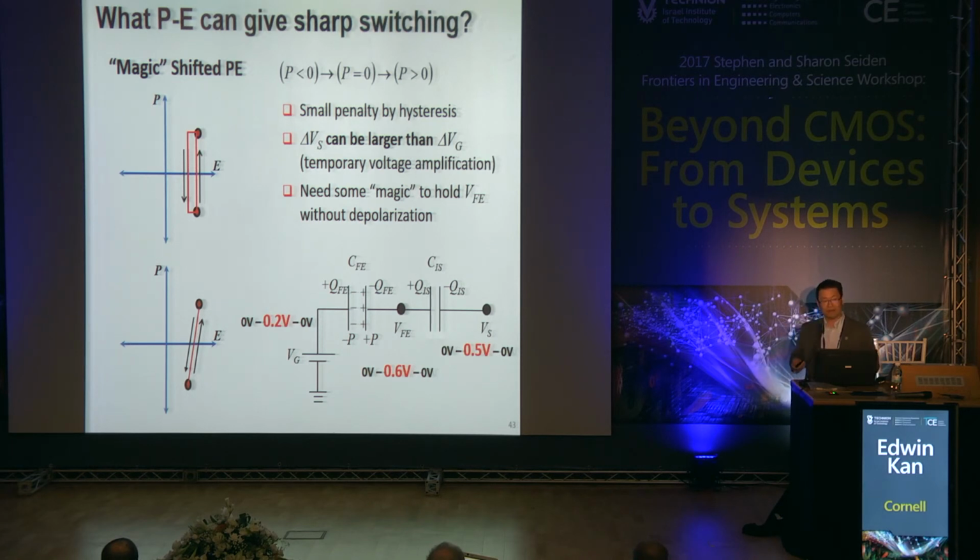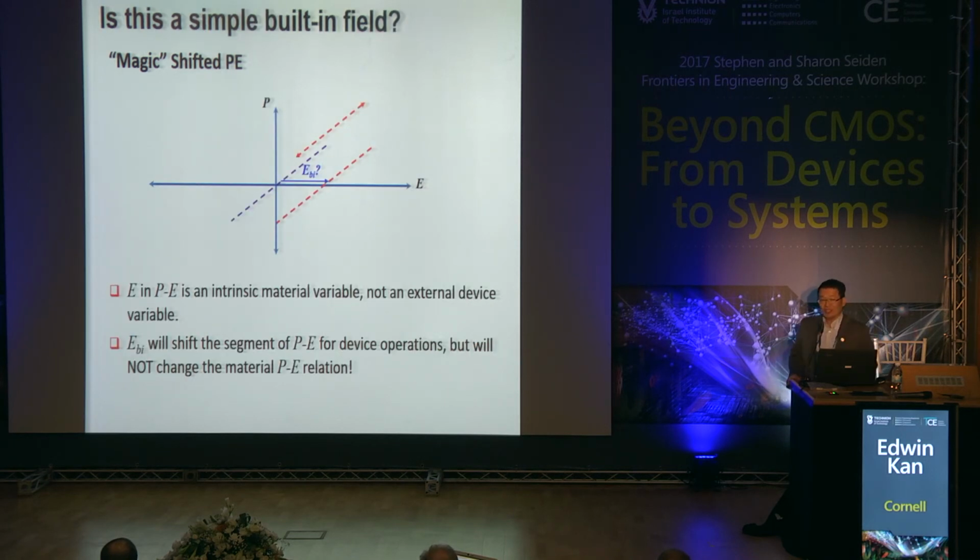So in looking for the sharp switching large signal material, we need to find this material. And this material needs to be able to counter the depolarization field of your voltage amplification. And this is not just a built-in electric field, because the PE polarization curve is something called an intrinsic material variable.